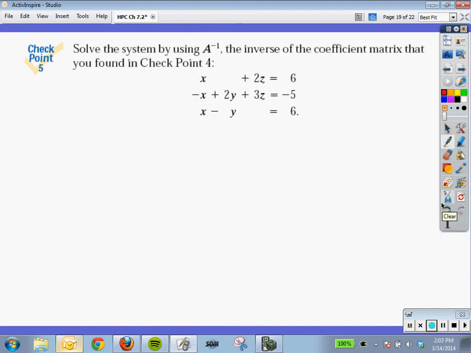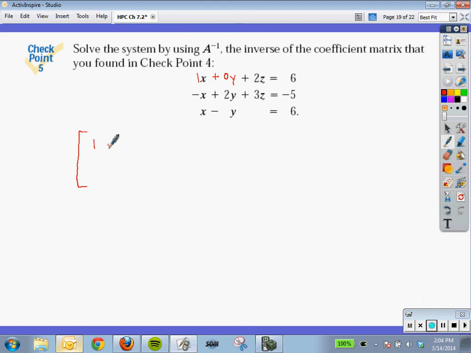So our first goal right now, you guys, is to just set up the system of equations here. Set up the matrices using the system of equations. All right. So first thing we want to do is write the coefficient matrix. So we have a 1x, and a 0y, and a 2z there.